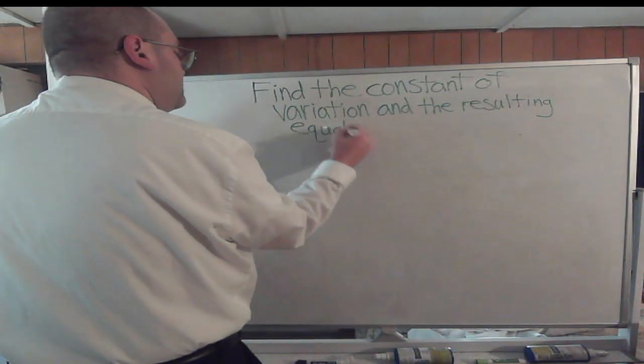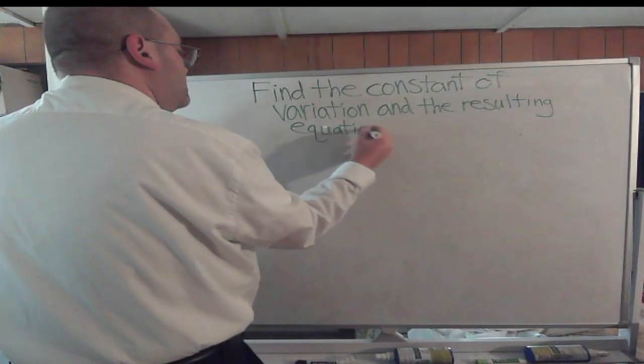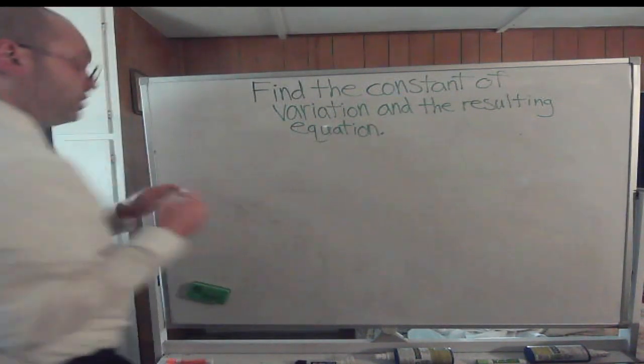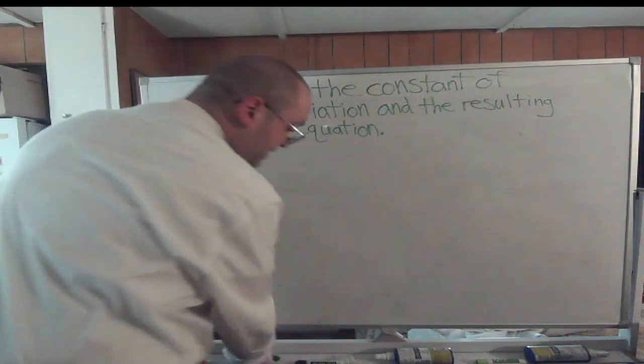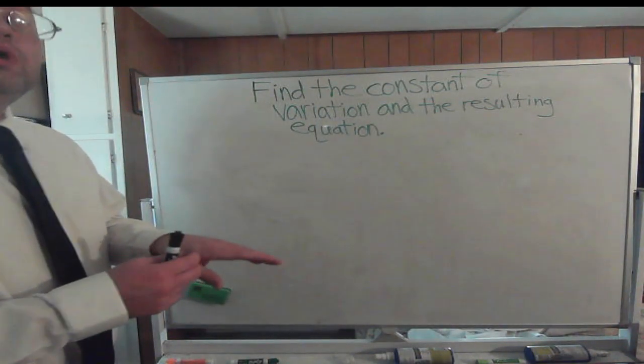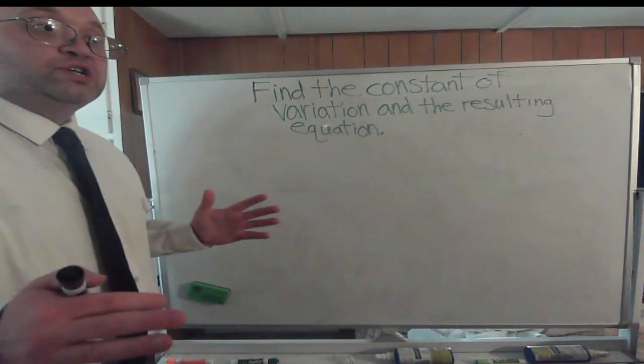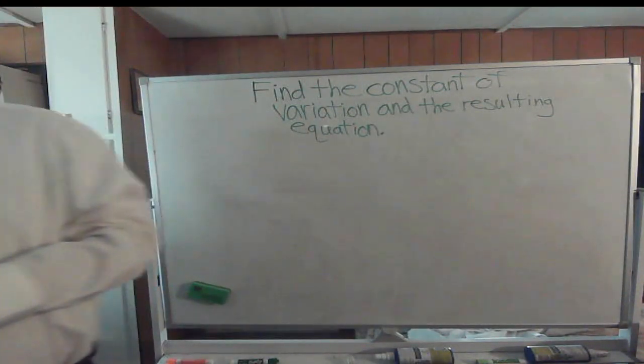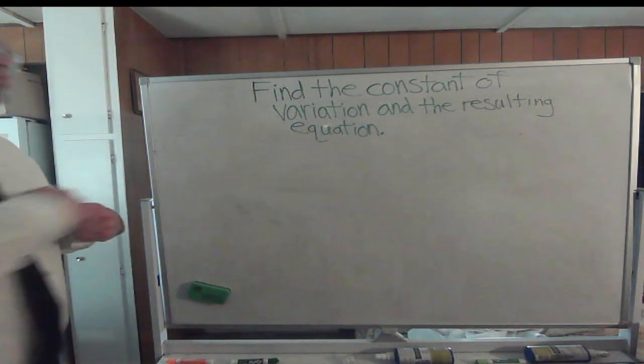So in these problems, what we're going to do is find the constant of variation first, then we will find the resulting equation once we know the constant of variation. So let's get started with our first example here.